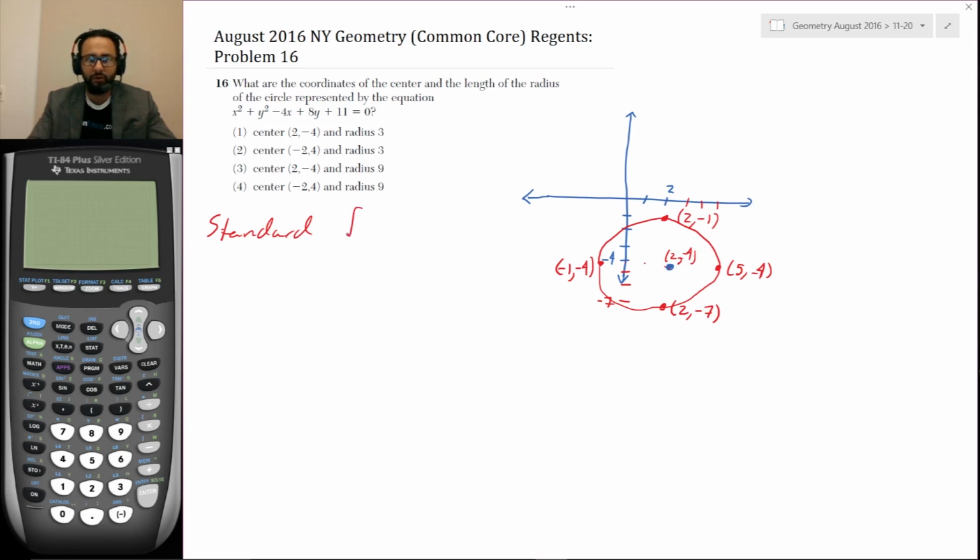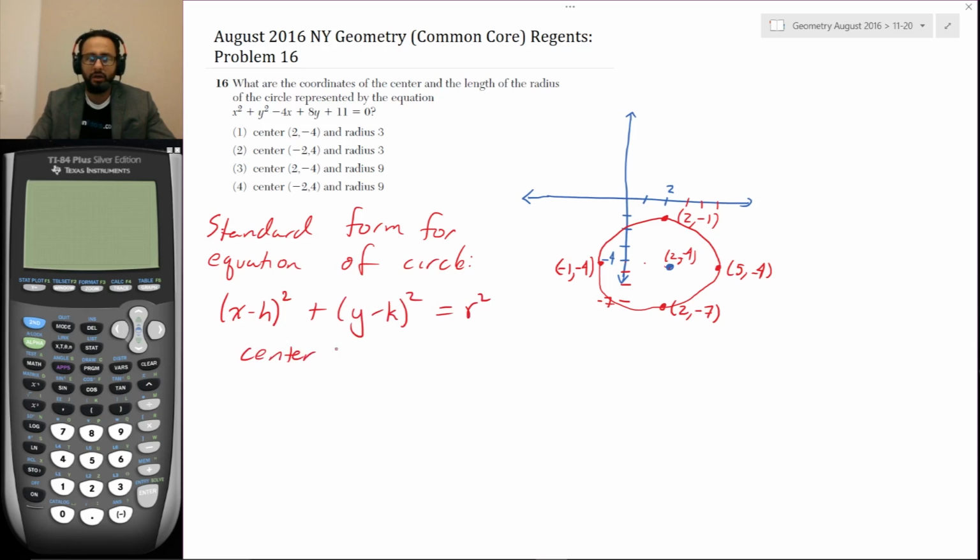So the standard form for the equation of a circle is x minus h squared plus y minus k squared equals r squared, for a center at h comma k and radius r.